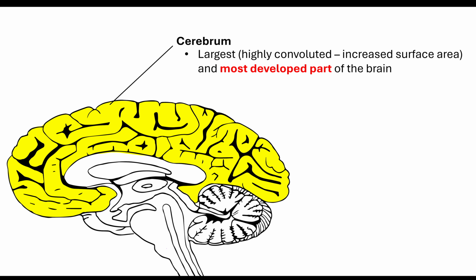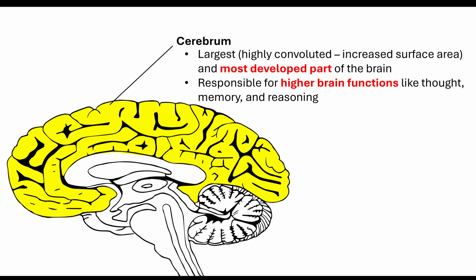So the cerebrum is the largest and most developed part of the brain. The brain is actually made up of about 86 billion neurons, and the majority of the neurons are located within the cerebrum. It is highly convoluted, which means that it has lots of folds, and that means it has an increased surface area so that it can house this many cells.